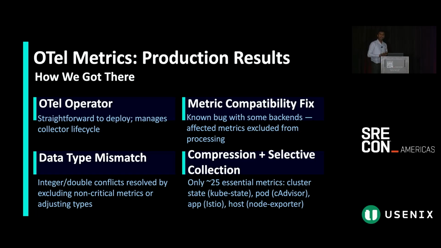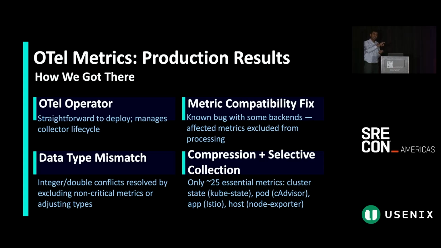When we went deeper, there were a couple of things. One, a metric compatibility issue. When we collect any metrics, there are metric types available, either integer or double, depending on the type.